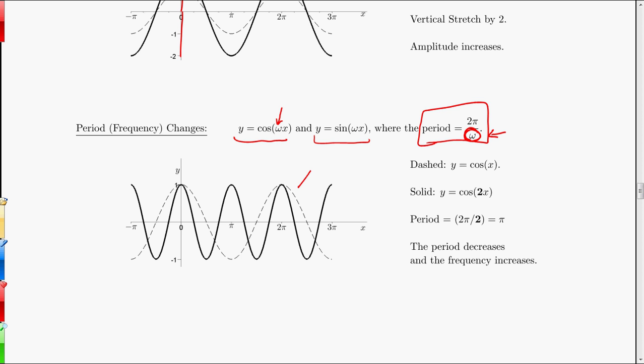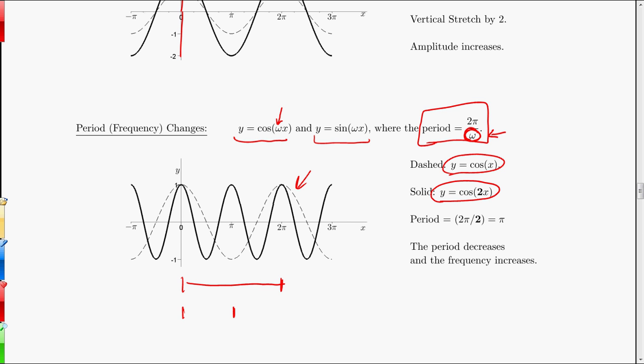For example, look at this dashed curve, y equals cosine x. It has a period of 2 pi. If I multiply that x by 2, it cuts my period in half. And if you notice, that's exactly what happened here.